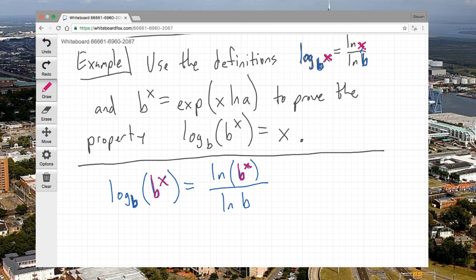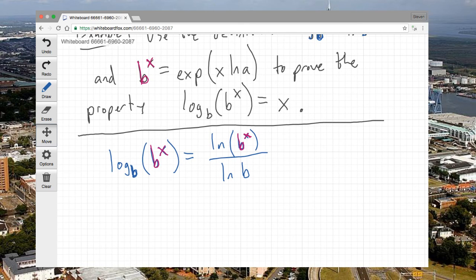Okay, well, let's move this forward. I also need to remember that b to the x, I have another definition for that. And this is a lot of these problems. If I'm going to ask you to prove something, most of the time it's going to be, hey, just plug in for all your definitions and it'll just pop right out.